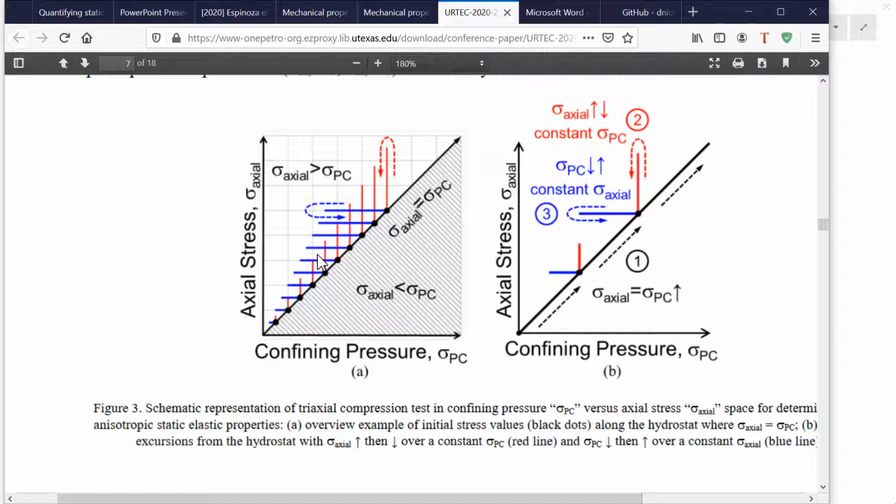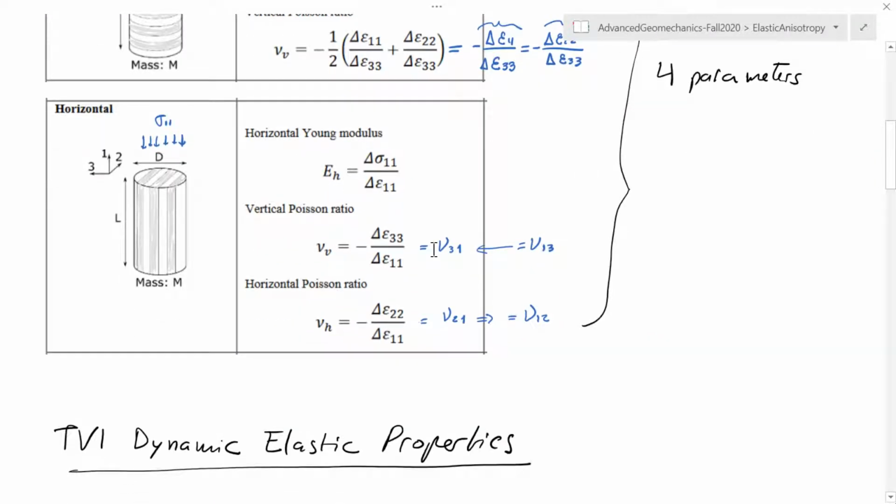If you depart a little bit from the conventional stress path, then you can measure these 5 independent coefficients. But we're not going to see that in this class. I recommend that you read the paper in case you're interested. But remember that there are some other options in order to fully define these static parameters.